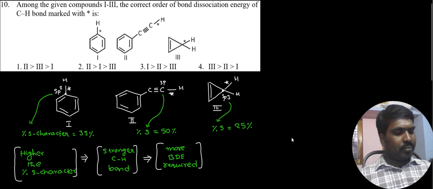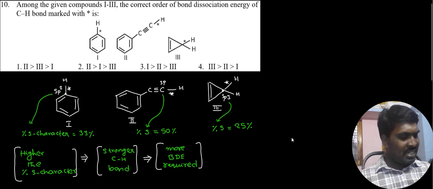Now as percentage s character increases, the CH bond becomes stronger. If the percentage s character is higher, then the CH bond is stronger. Then it requires more bond dissociation energy. Where the percentage s character is higher, there the CH bond is stronger. That carbon connected hydrogen bond is strong, so it requires more dissociation energy.